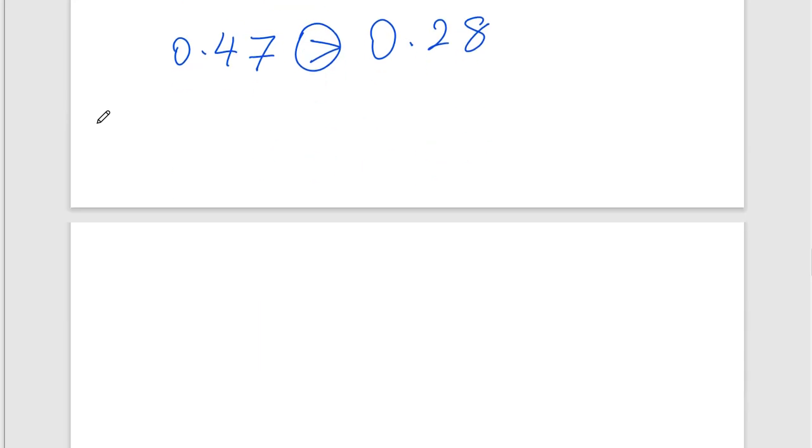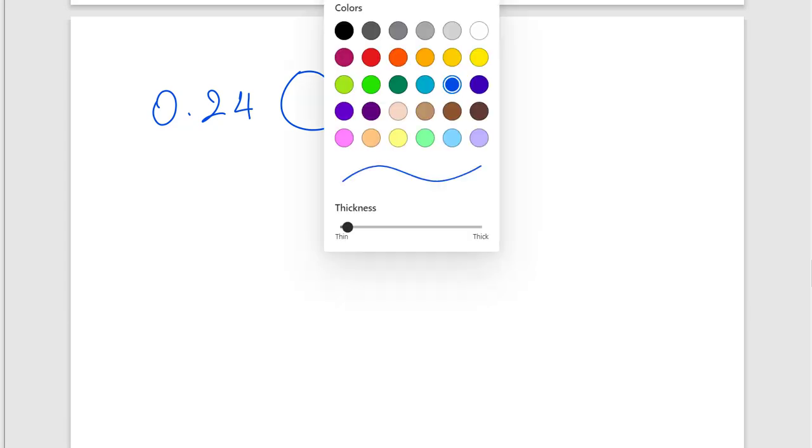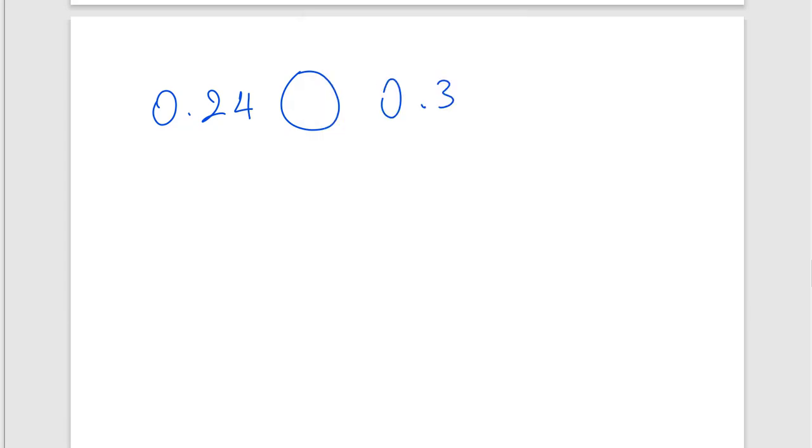Now if we have 10th with 100th, let's see. 24/100 and 3/10. In this case, my heroes, we need to make them both hundredths. So I will add here this 0. So I have 2 digits now, and now I can compare. Yes, 30 is greater than 24. So 24 hundredths is less than 30 hundredths.